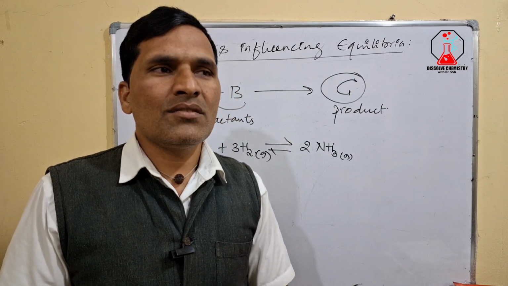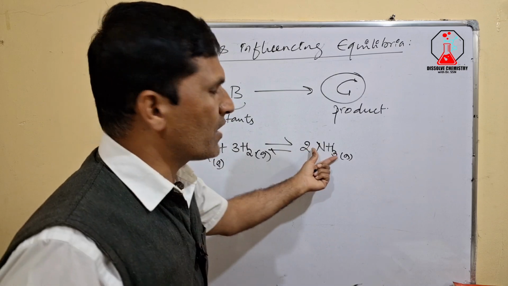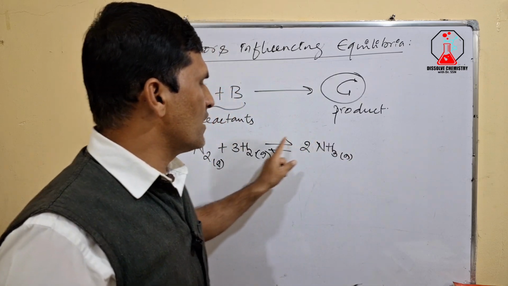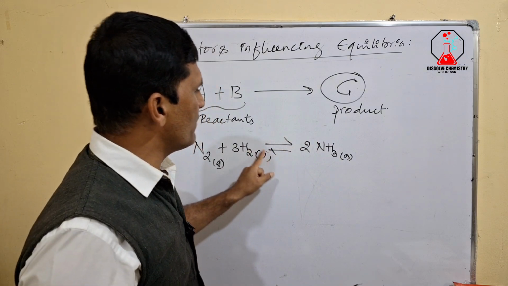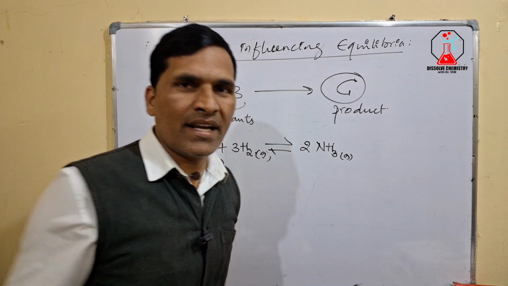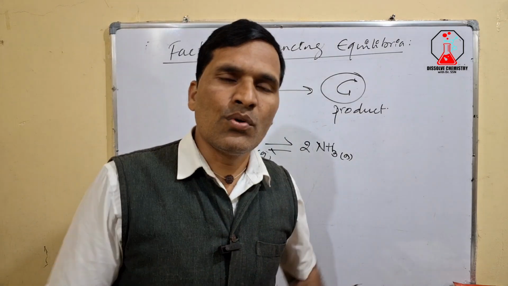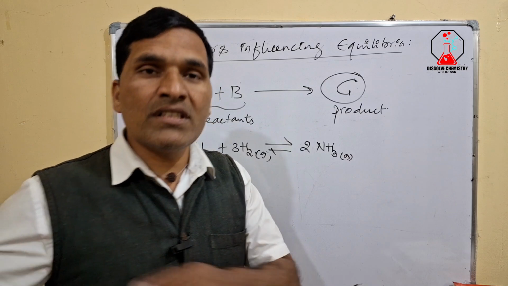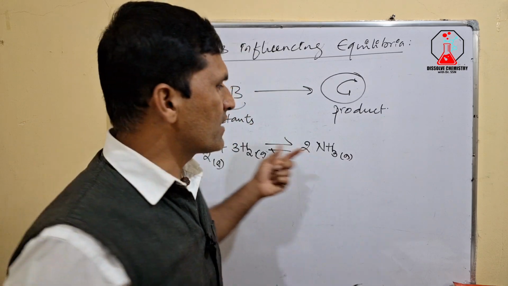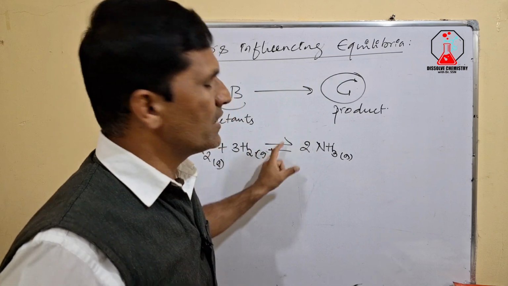To enhance its productivity, or to increase the yield of ammonia, the equilibrium established in this reaction has to be shifted in the forward direction. To do so, with less expense, one must know the factors which govern this equilibrium.